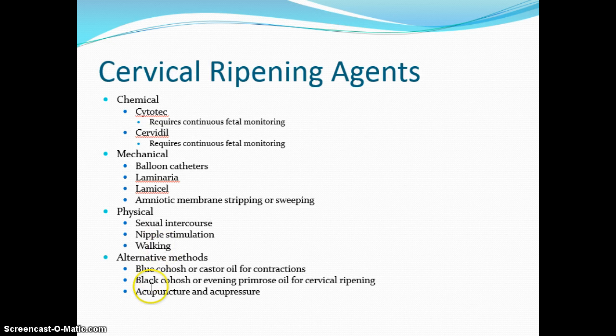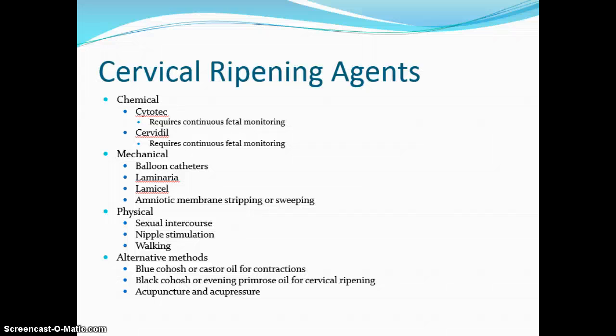Other things that you may hear of, kind of old wives' tales, are blue cohosh or castor oil for contractions, because truly what that does is cause her to have severe diarrhea, and sometimes that will be enough to aggravate the cervix. Acupuncture and acupressure are also utilized as alternative methods.